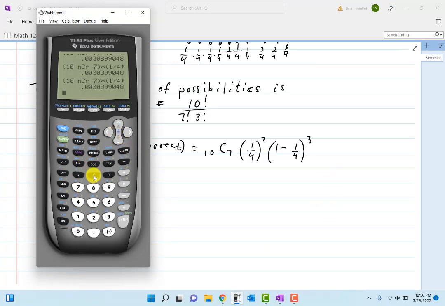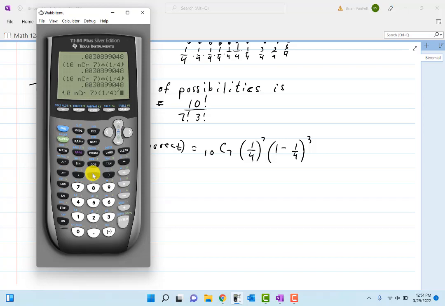So we'll put, I like to put it in parentheses, 10, math, PRB 3. Then don't forget to put your 7 and the parenthesis, although I know we don't have to do that. Now let me do 1/4, put a parenthesis, and that's raised to the 7th power.